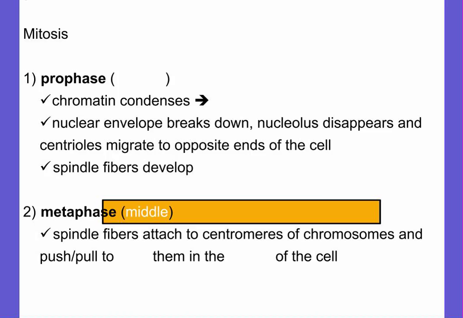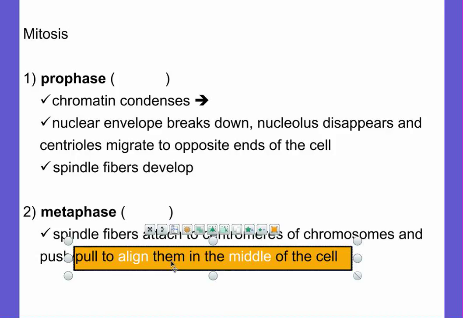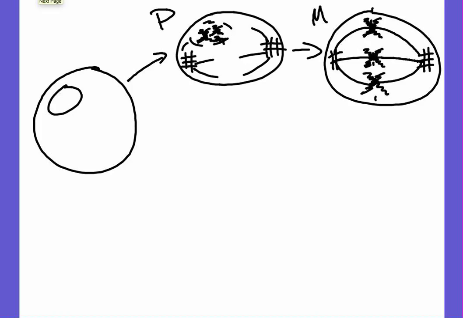It's pretty easy to identify. But again, the purpose for aligning those chromosomes in the middle of the cell is basically just to make sure that your chromosomes don't get all tangled up when you're trying to pull them to opposite ends of the cell. So the next step, realistically, I'm trying to separate these two chromatids here, these sister chromatids, and then pull one way while the other moves the other way to opposite ends of the cell.